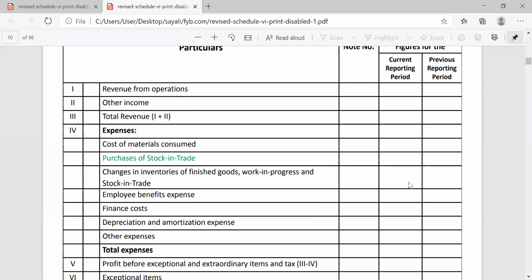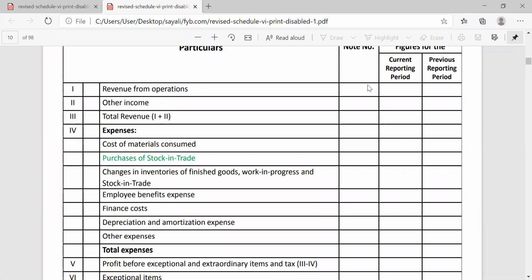As you are aware about the term cost of material consumed, we calculate it in the costing headings. The purchase of stock in trade is the amount which directly appears in your question. Then changes in inventory of finished goods, work in progress, and stock in trade: there are three inventories.